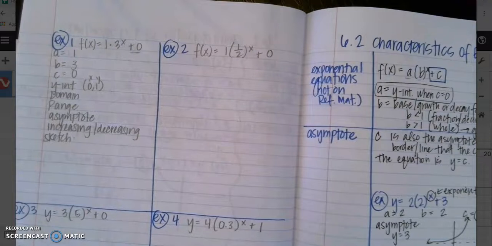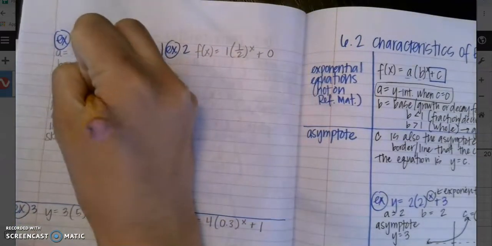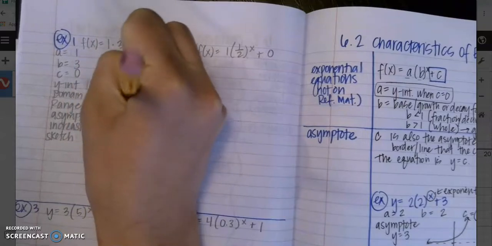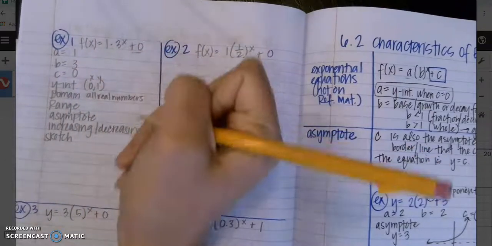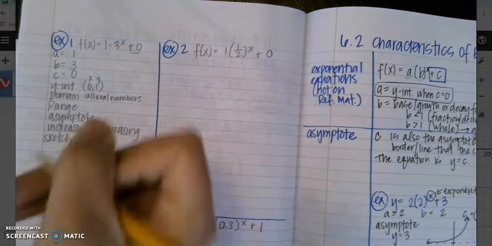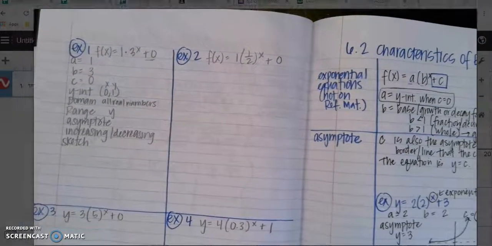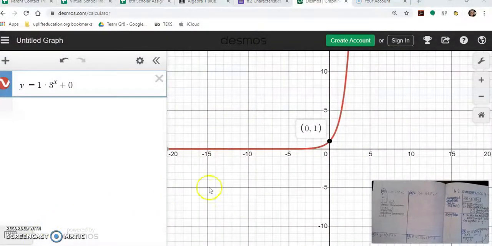My domain, and you guys should have been practicing this for a while, is going to be all real numbers. We're not going to be doing any real world examples for a while. And my range value is going to be some sort of y. Now let's go back to my example. So here's my asymptote at y equals 0 rather.